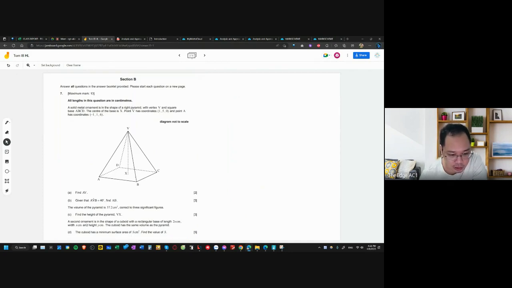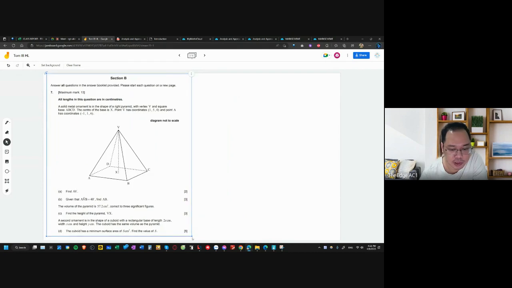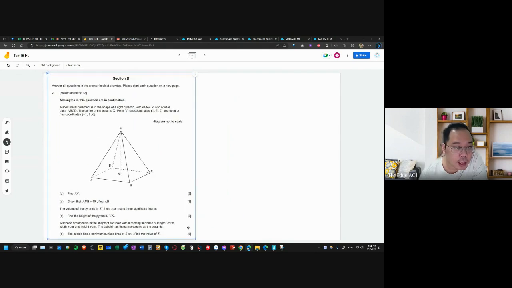Second, an ornament in the shape of a cuboid with a rectangular base. Okay, let's read from the beginning. A solid metal ornament is in the shape of a right pyramid with vertex V and square base ABCD, the center of the base at point X, the point V with coordinates 150, and the point A with coordinates minus 116.